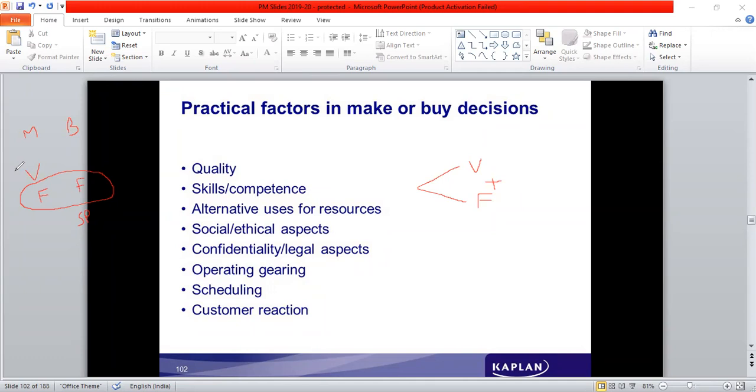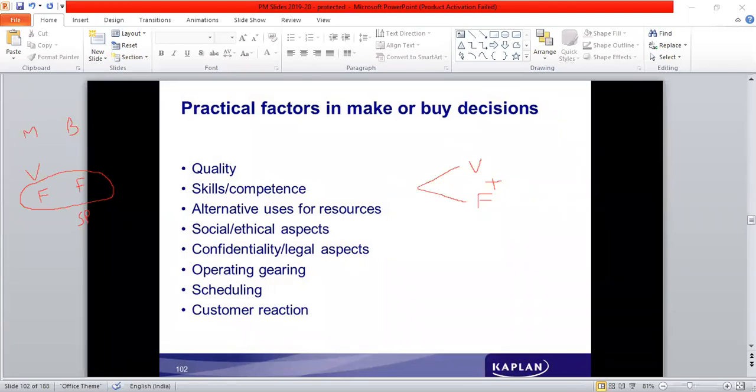Scheduling part of it talks about the schedule, about how the work is assigned, or the way in which the final finished product has to be produced.